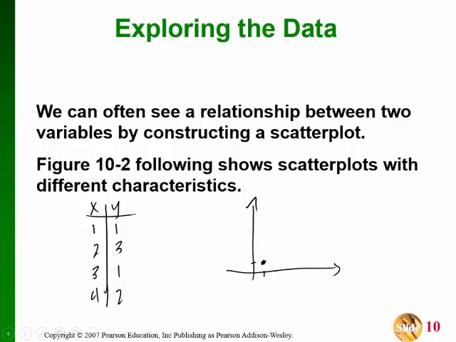Normally in an algebra class, I tell the students to always label the points that you're plotting, but sometimes you get a whole big bunch of points that you don't want to care too much about labeling. So we'll do that. So 3, 1, and 4, 2. Usually we label X as the horizontal axis, Y as the vertical axis, and then you would plot these points and they would look something like this.